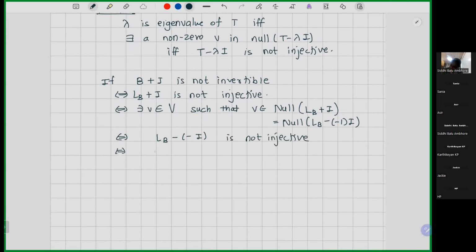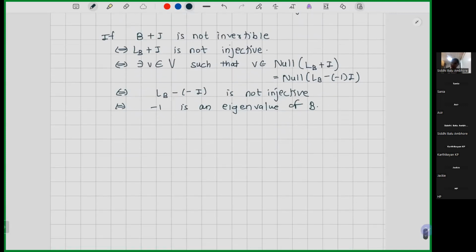This implies what? Minus 1 is an eigenvalue of B. But this is not true, right?